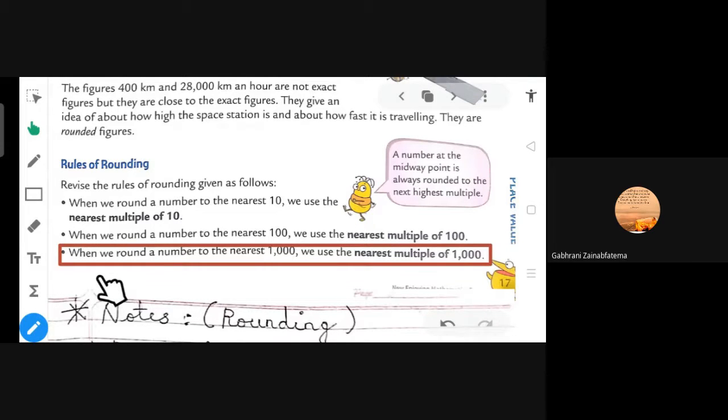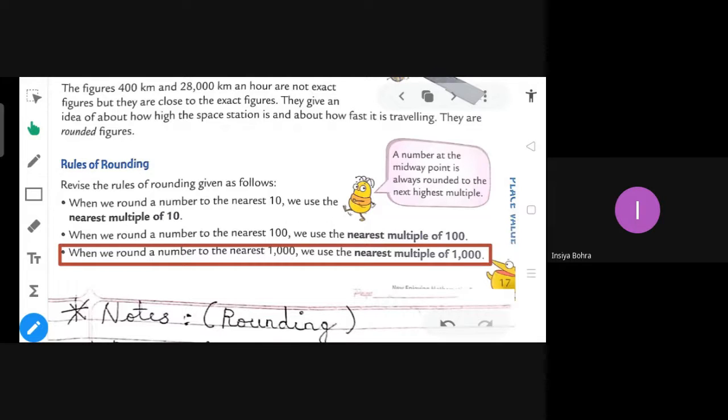Like yesterday, I'm explaining this 3 times. First time I'm just reading this and explaining: when we round a number to the nearest 1,000. What is question 3 in our exercise, which I just showed you? Round to the nearest 1,000.